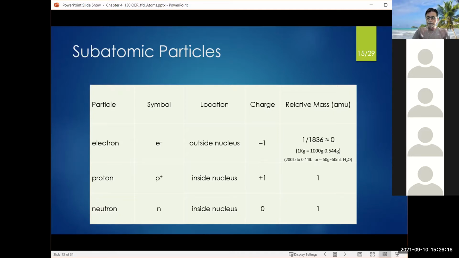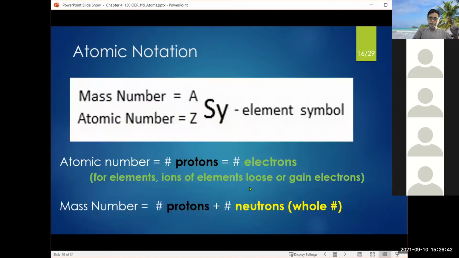Okay, carbon has 6 protons. That is carbon. It can lose electrons, it can gain electrons, it can gain neutrons or lose them, but it still has 6 protons. It is still carbon. That is what defines an element. The moment it picks up a proton, it becomes a different element, okay? So the proton defines what the element is.